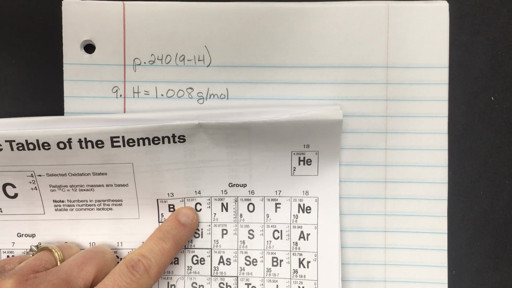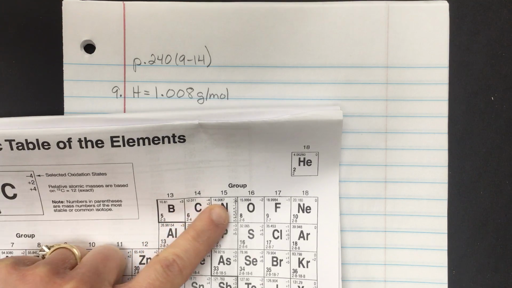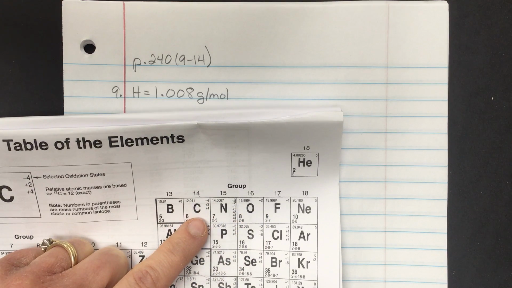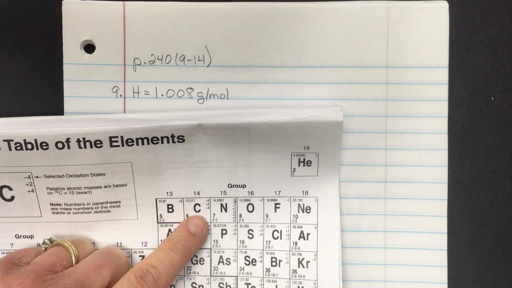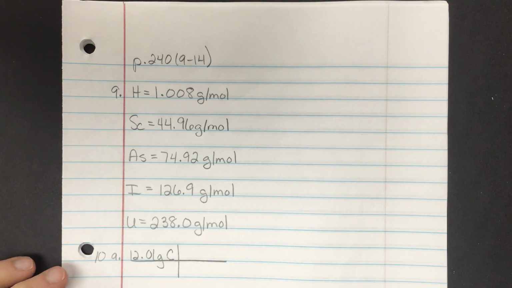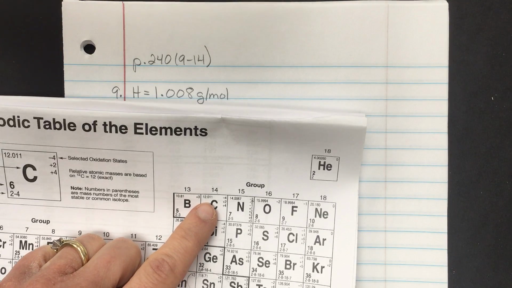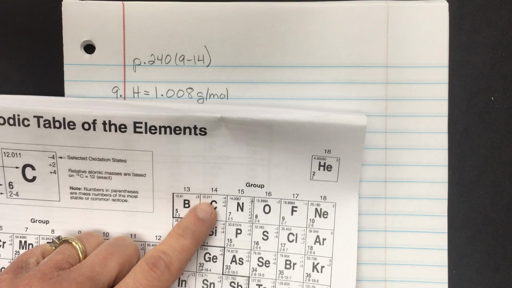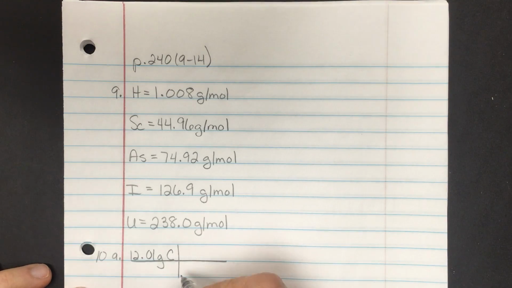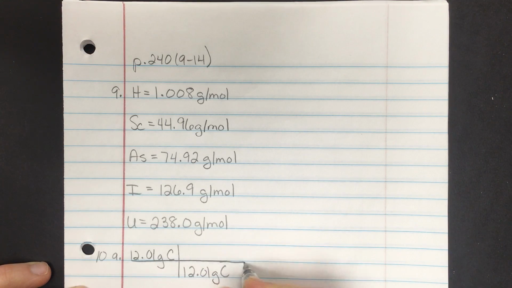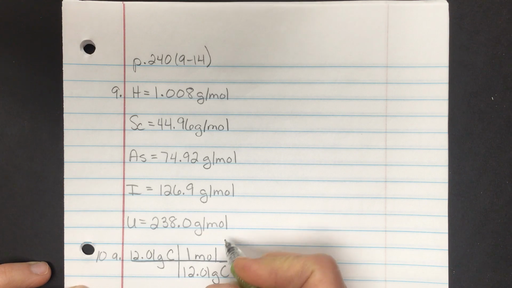Now, your book is using 4 significant digits for everything because there are some of these numbers that are really long and that keeps it a little more manageable. So I'm going to stick with that, 4 significant digits. So we see here that the molar mass of carbon is 12.01. So I put 12.01 grams of carbon on the bottom is 1 mole of carbon.